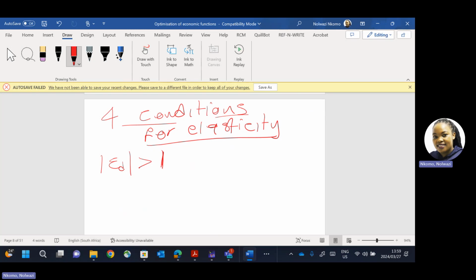Meaning that if the price increased by 1%, the demand decreased by more than 1%. So if this is what you obtained, if it's greater than 1, then this means the demand is elastic.